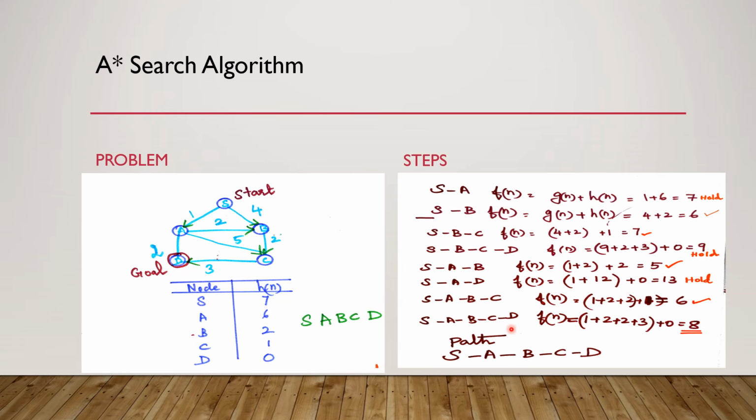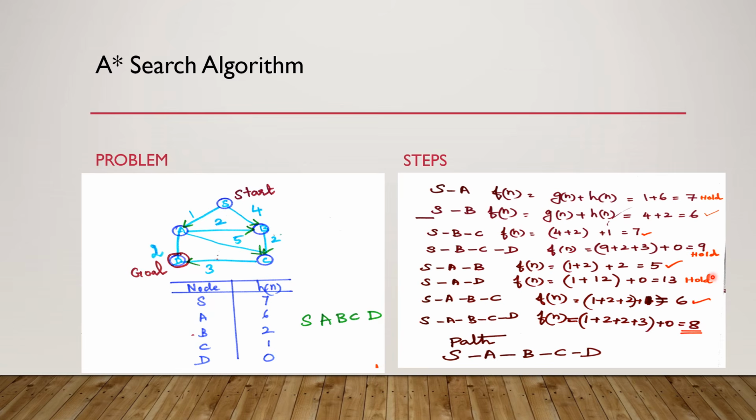So now we reach the goal state D with minimum cost 8. When compared, we also have the goal state S to B to C to D, but there the f of n value is 9. So like this, we do not remove a path once we complete expanding.